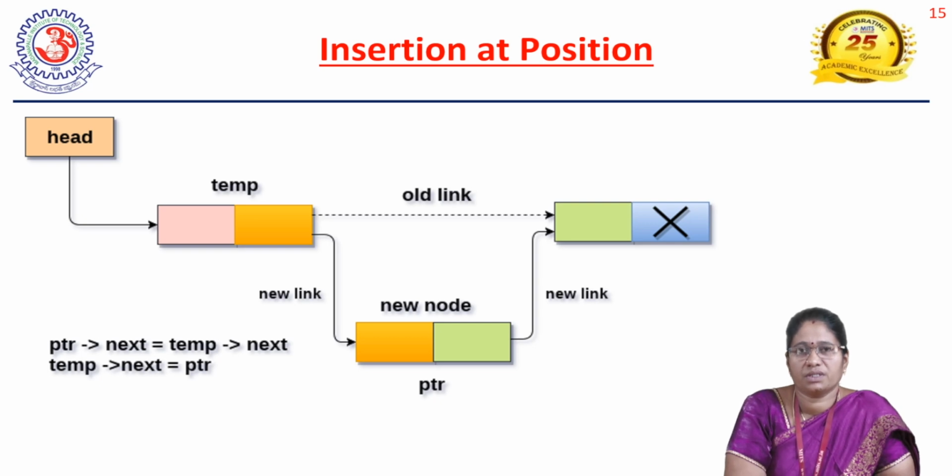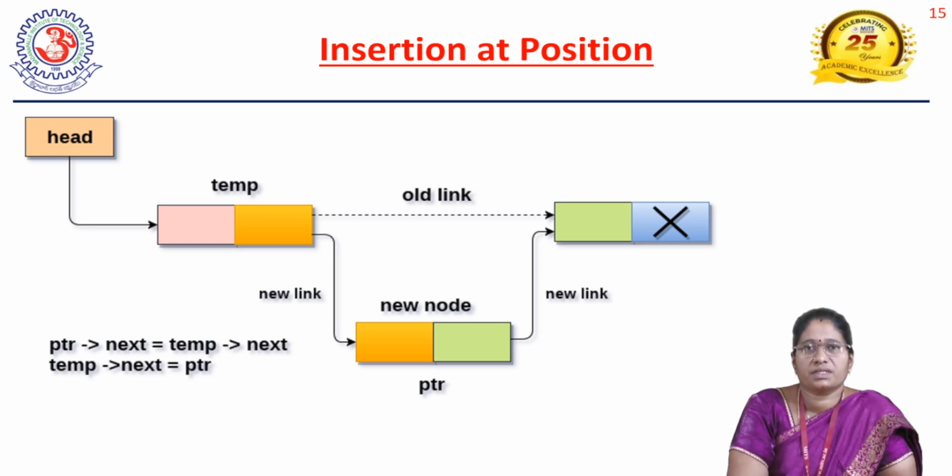Where I want to insert, the node before it you have to consider as the temp node. That is your existing node, and after that I want to insert. So that node you make the temporary node called temp. First thing, you have to make your new node pointer.